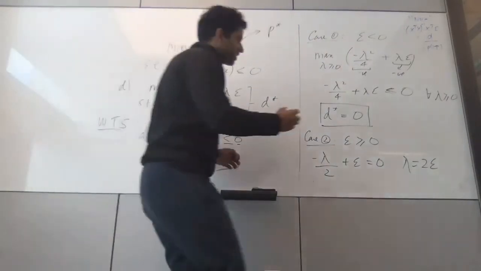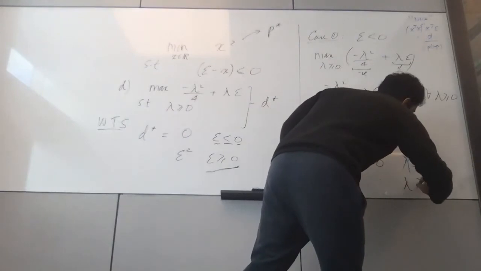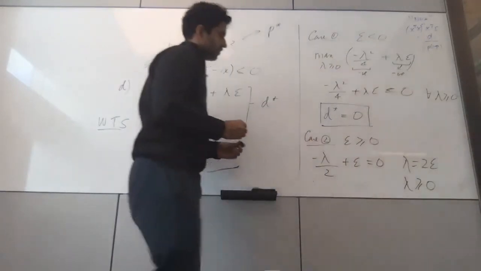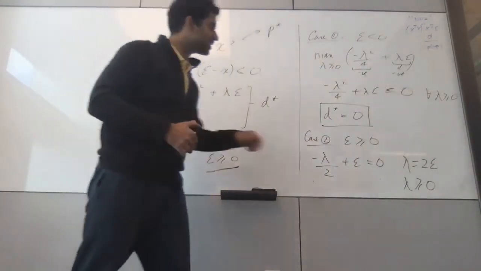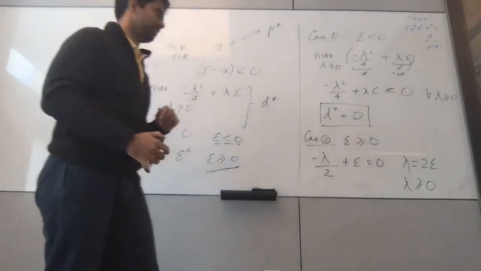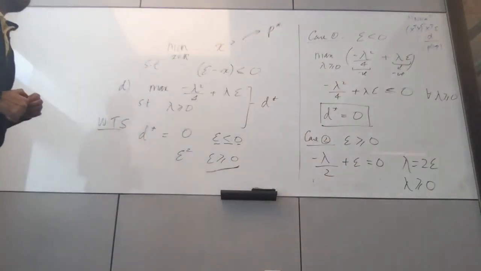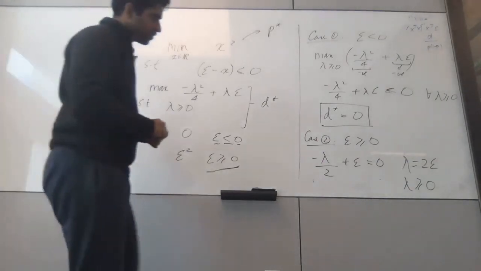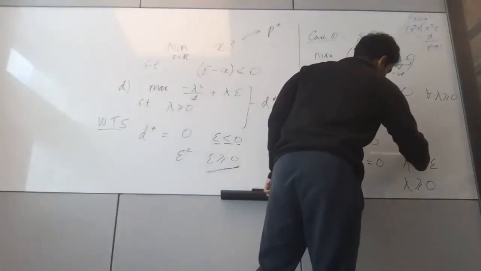Remember that the constraint set is that lambda is greater than or equal to 0, and we are in the case that epsilon is greater than or equal to 0. Yeah, it lies in the constraint set.